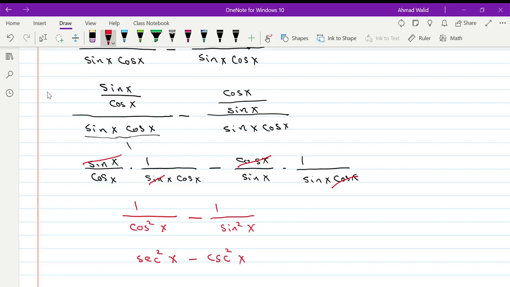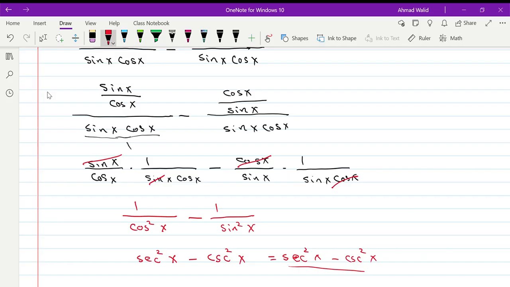Do you see? The right side is also secant square x minus cosecant square x. Your right side is the same. You see the left side and right side are the same. Then it proves that the given equation is an identity.